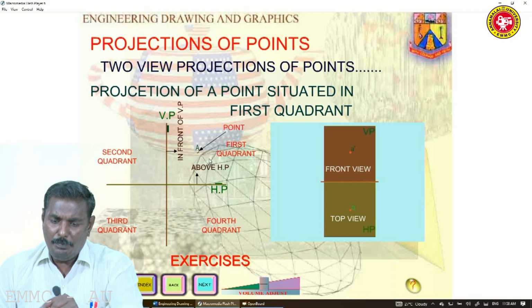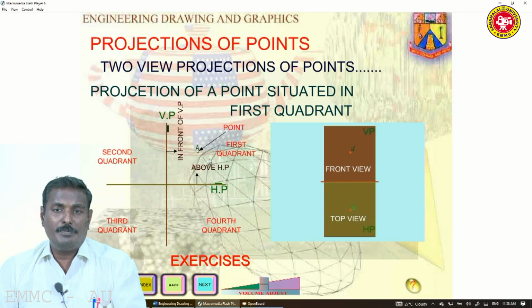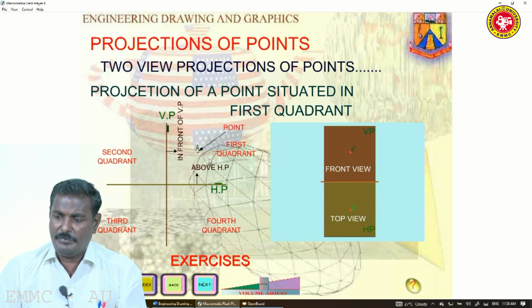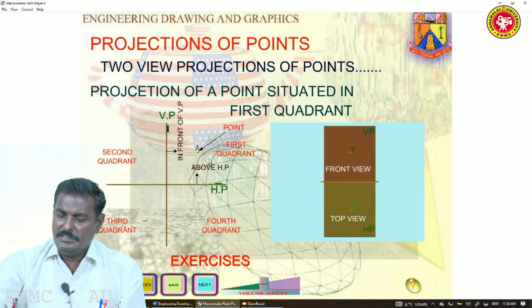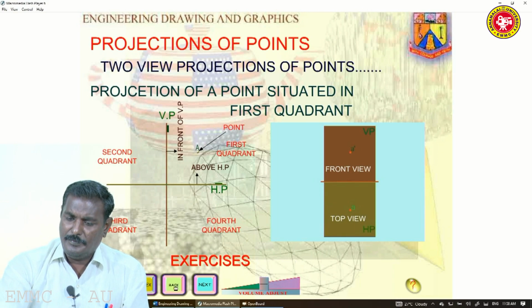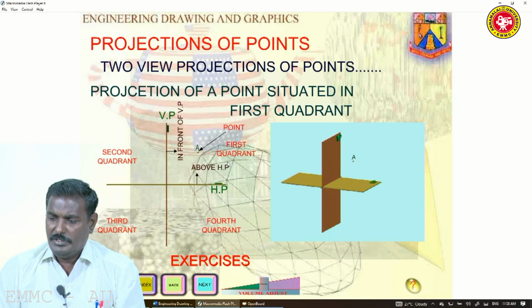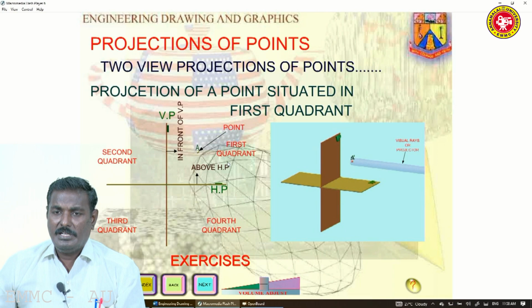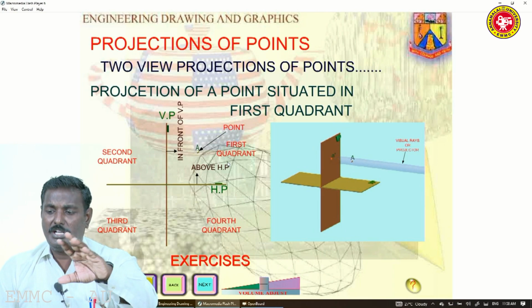But if we place the point above HP and in front of VP, that is the first quadrant or first angle projection. How it is projected onto the paper or plane, we see in the animation. In this animation, a point A is there, and rays, that is projectors, guide the capital A and project it onto the vertical plane.